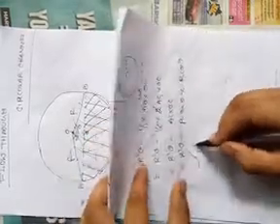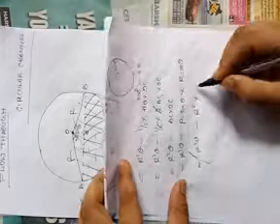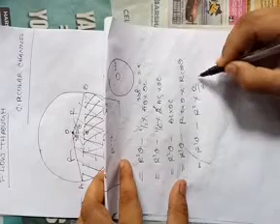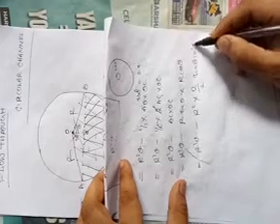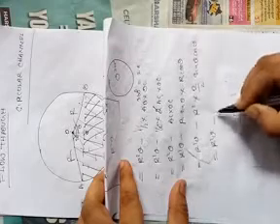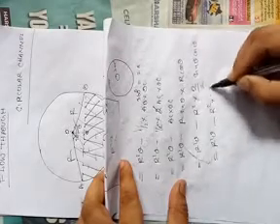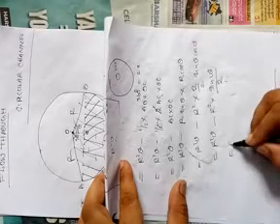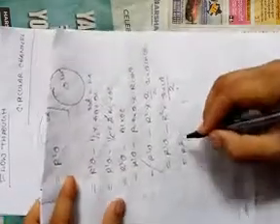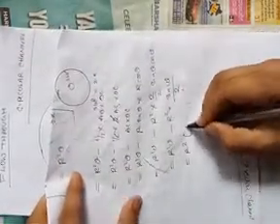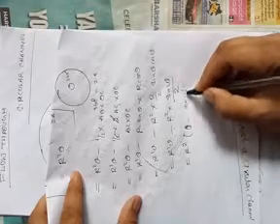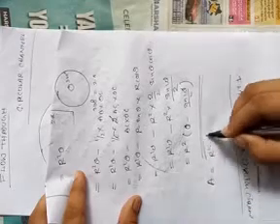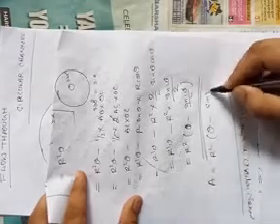So finally it becomes r square theta minus r square into sin theta cos theta; multiply and divide by 2, so it becomes r square theta minus r square into sin 2 theta by 2. So the area is equal to r square into theta minus sin 2 theta by 2.